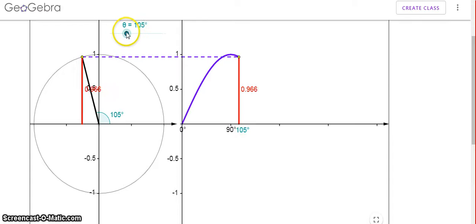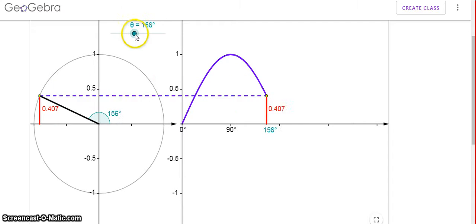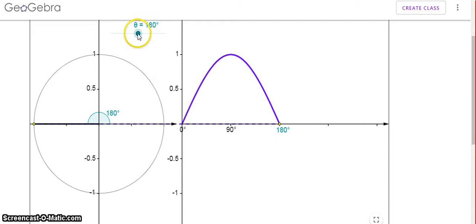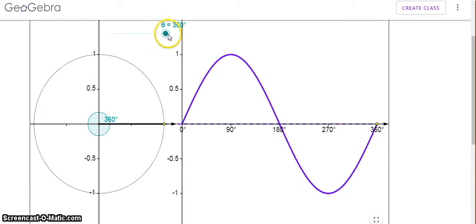As I continue around the circle, I continue to plot the y values, or the outputs of the sine function, as the angles get bigger. At 180 degrees, the sine value is back to 0. Then I continue on, and that was one time around the circle.